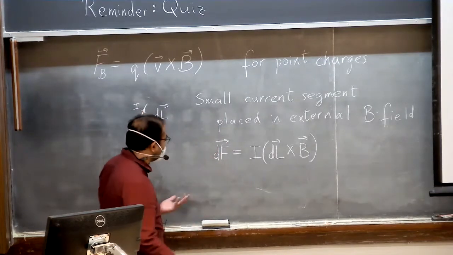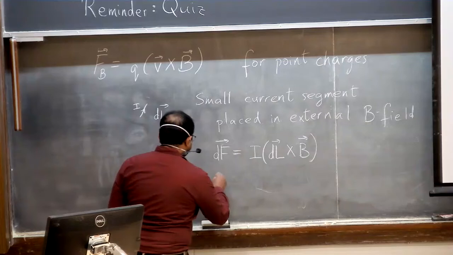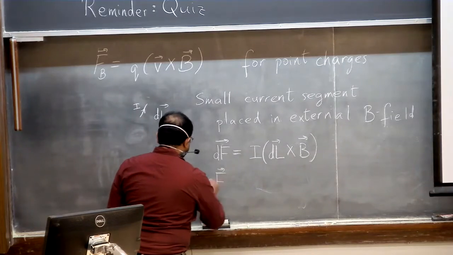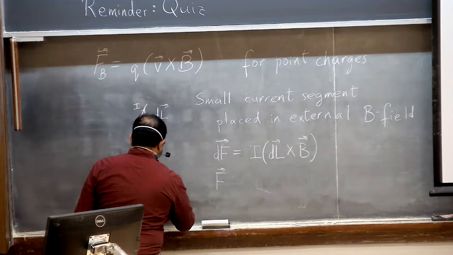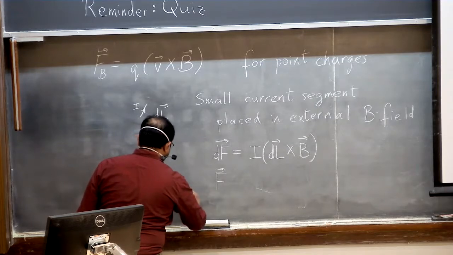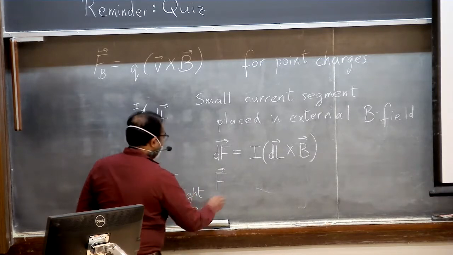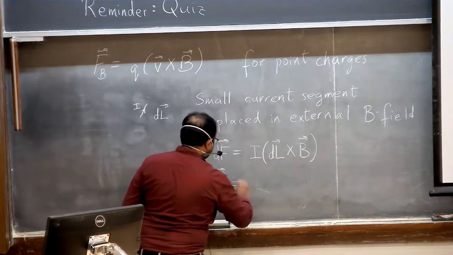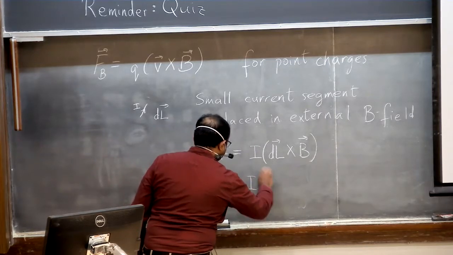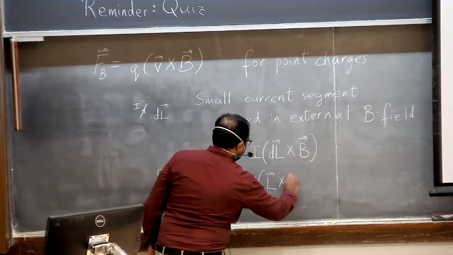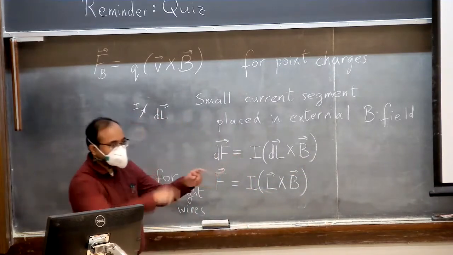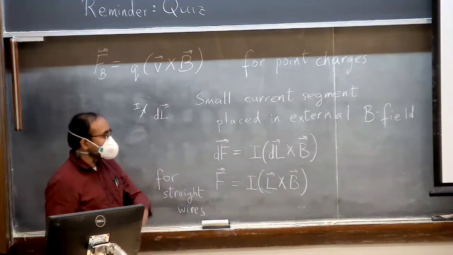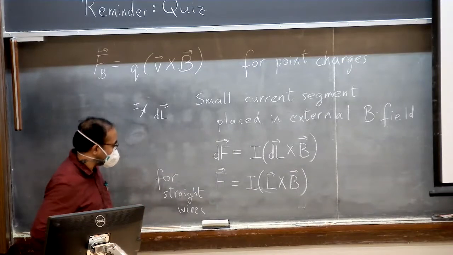So often we'll deal with straight line segments, and so then for a straight wire, they all end up pointing in the same direction, so it ends up being just this. But you could treat weird curly loops and whatnot. I think you saw some of that in the checkpoints and the prelecture.